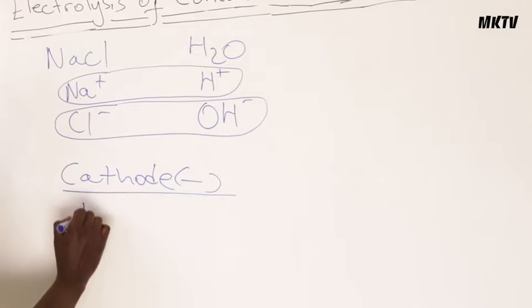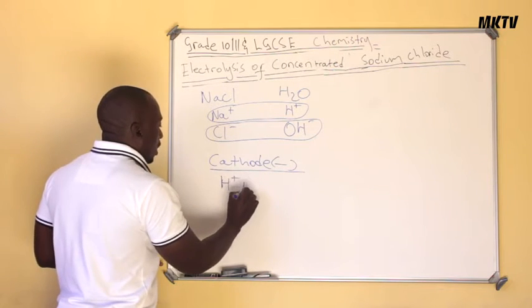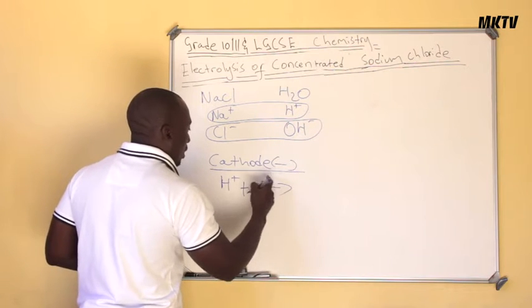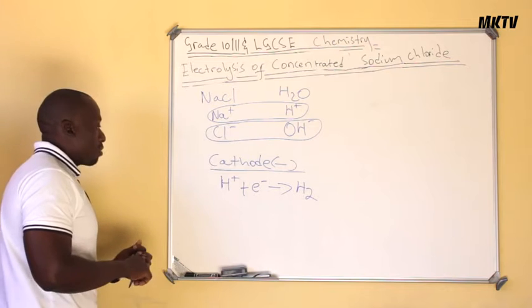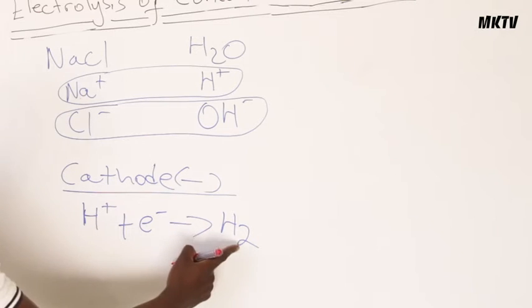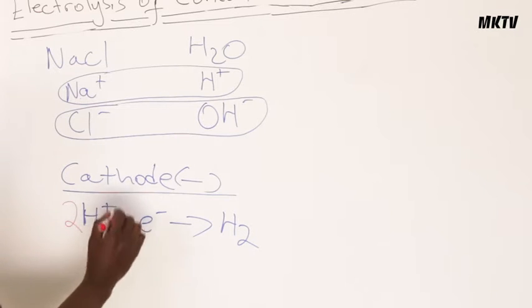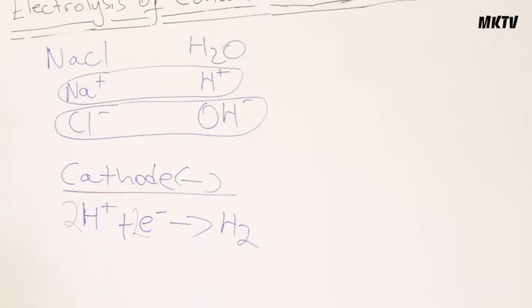They are the ones that are going to gain electrons, which means the hydrogen ions are going to be attracted to the cathode and give off hydrogen gas. Now remember, we always have to balance. Here we have two hydrogens, which means you have got to have two of them here. And because the hydrogen ions are now two, the electrons have to be two of them as well.